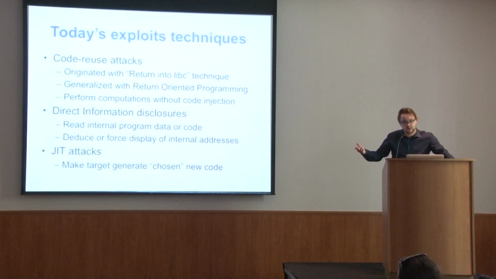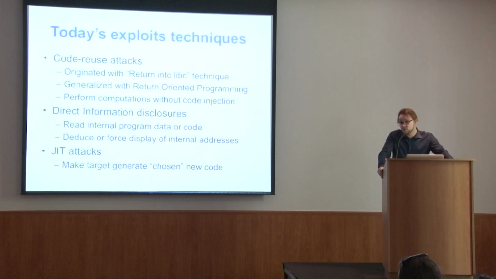Information disclosure is the result of the ability of an attacker to read content of a remote target process, may it be the value of variables of that process or addresses of variables or code, so that you can, for example, craft things like ROP payloads, return-oriented programming payloads.